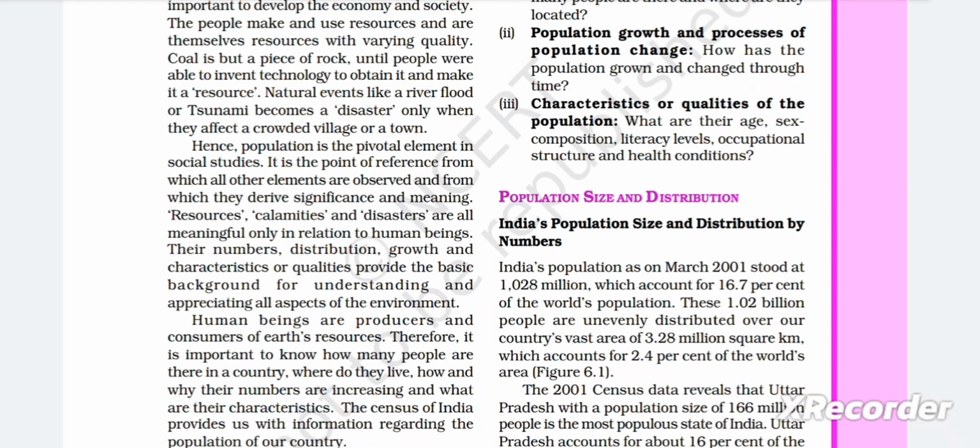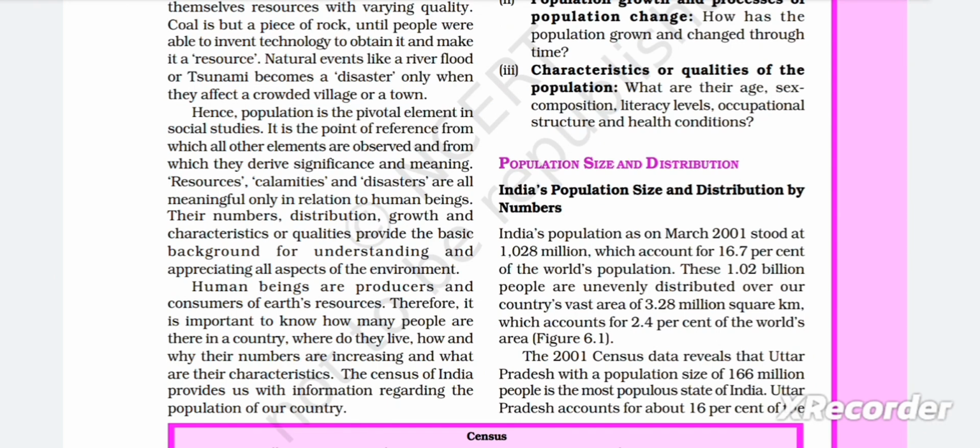Their number means how many people are living in which areas, what the distribution of the people living there is, their growth, how they are growing, and what characteristics or qualities they have. The population obtains qualities through education and good health. Only human beings can appreciate all the aspects of the environment.